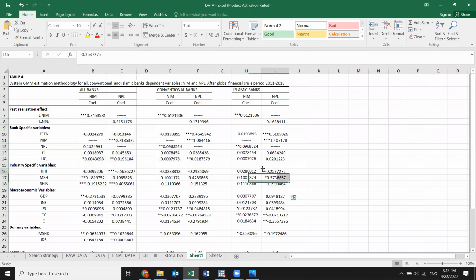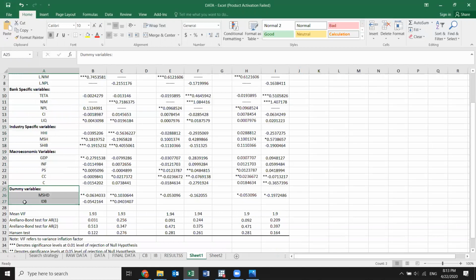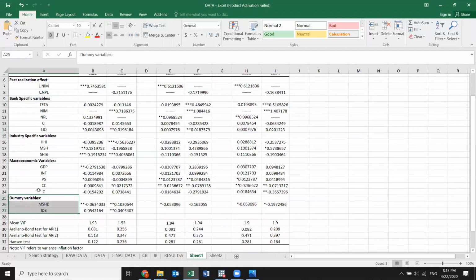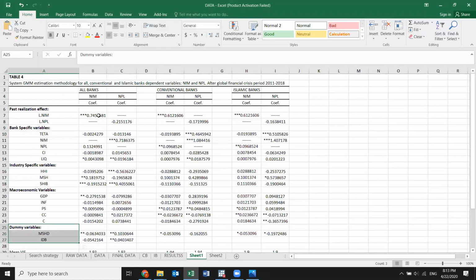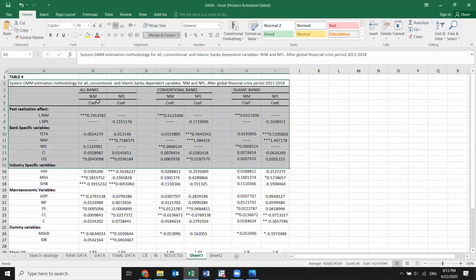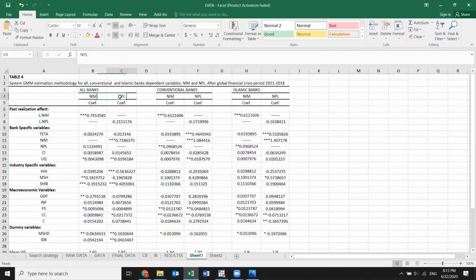This is lagged by 1 year back. These are bank-specific variables. These are industry-specific variables. These are macroeconomic variables. And these are dummy variables. I just categorize them so that any reader can easily follow. This is for all banks. This is net interest margin. This is non-performing loan. This is conventional banks. This is Islamic banks, for example. I separate like this, but I'm using only coefficients.